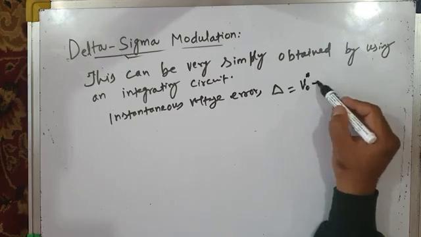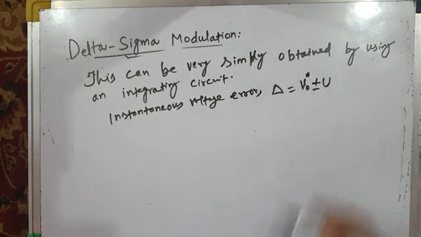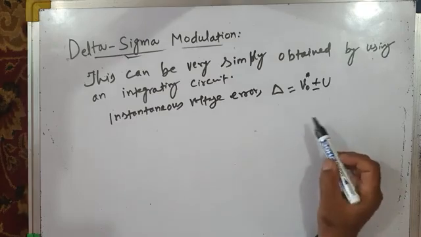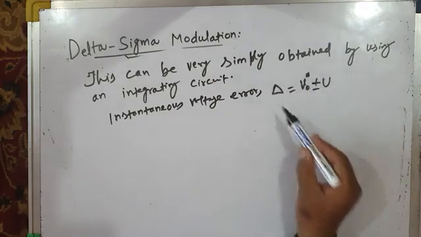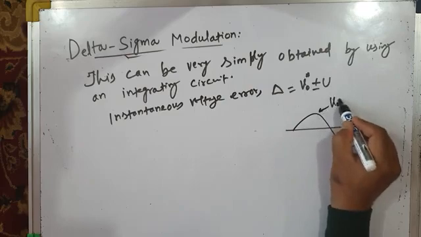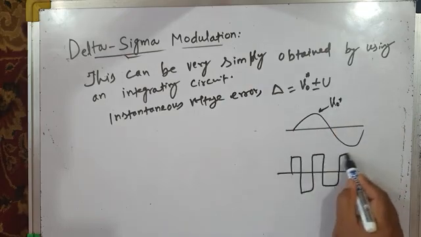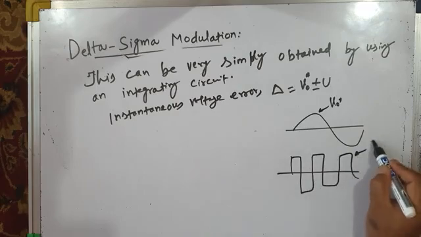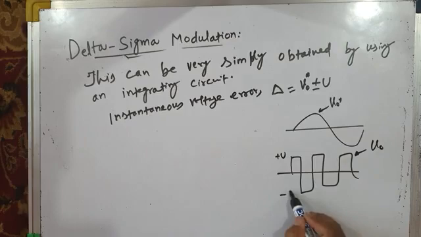Actual voltage may be either plus U or minus U. See, this is your V0 star, and this is your V0, actual V0. It has values plus U and minus U, which are actually plus VDC by 2 and minus VDC by 2.